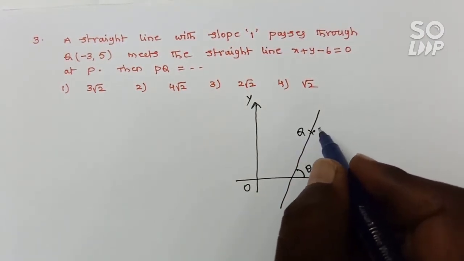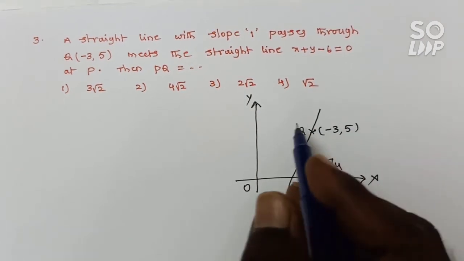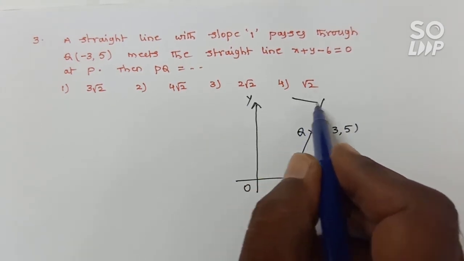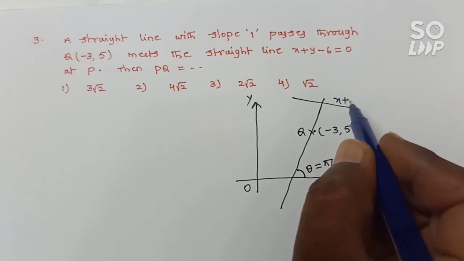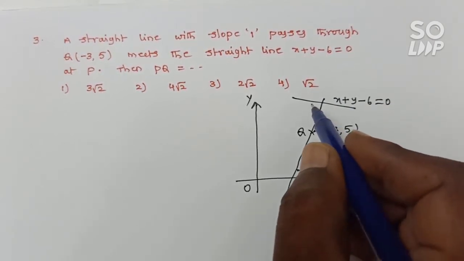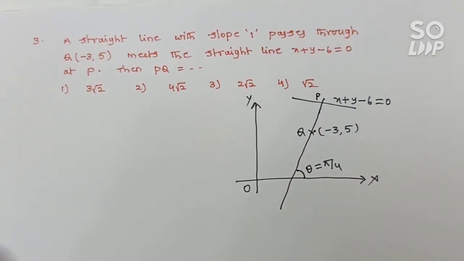This line is passing through the point Q. What are the coordinates of Q? Minus 3 comma 5. It meets another straight line, x plus y minus 6 equals 0, at P. Then we have to find the PQ value.